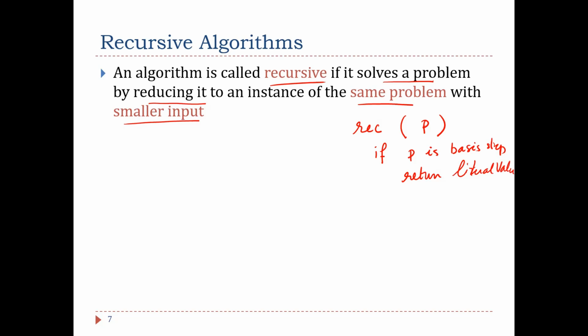It's straightforward, return the obvious result for that basis case. Otherwise, you would combine the solution for the sub-problem of P. The sub-problem could be just one instance smaller than the problem P, or it could be half of P, or any other approach to make the input smaller for the next step.